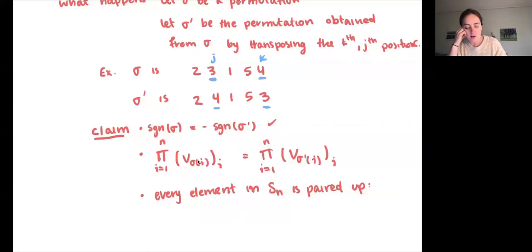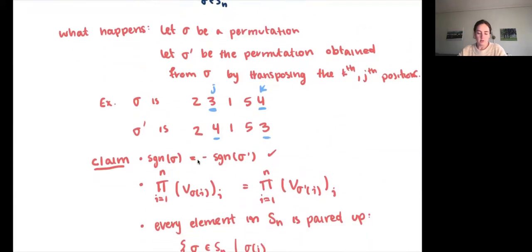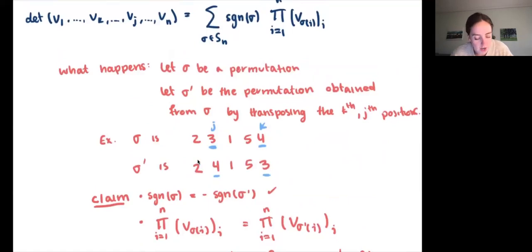So let's look at the set of sigmas in Sn such that sigma of J, oops, I switched J and K between here and here. So let's make this consistent.